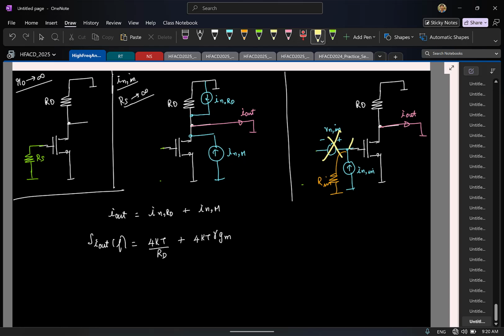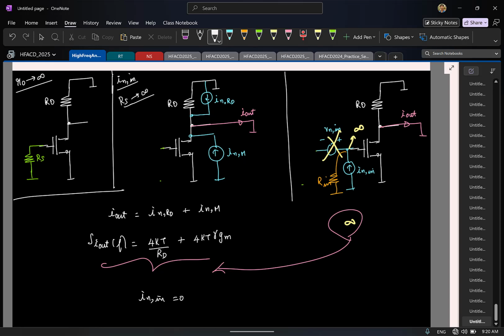It will go to infinity. What will be the short circuit current then? Gate voltage is infinity, so what will be the drain current? So what is the transfer function from IN to Iout? Infinity, right? So if I take this power spectral density divided by infinity, I'll get 0. So that's why here you can write IN as 0.